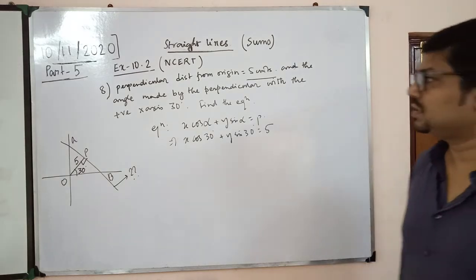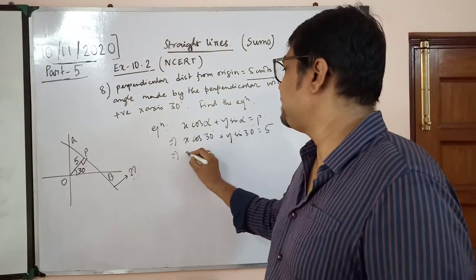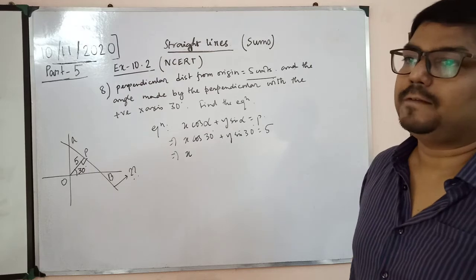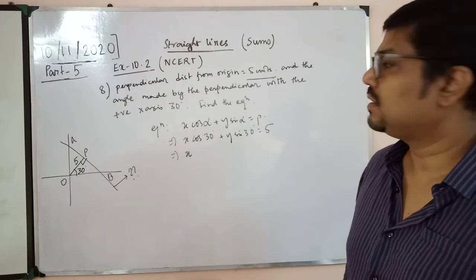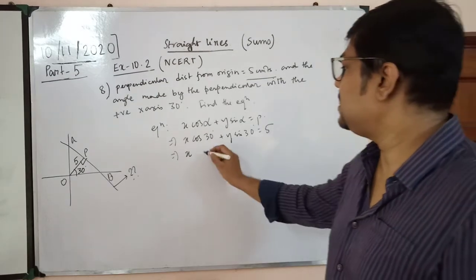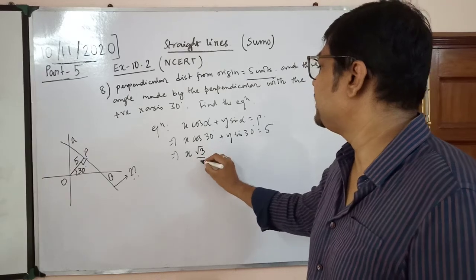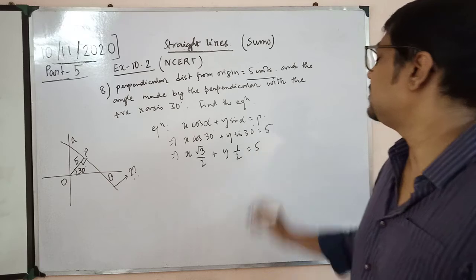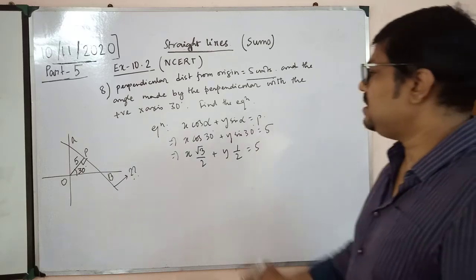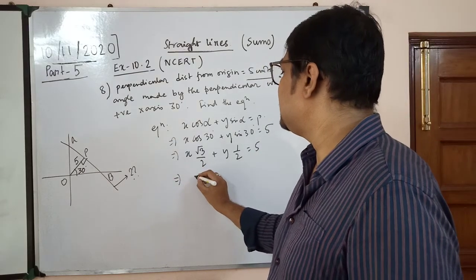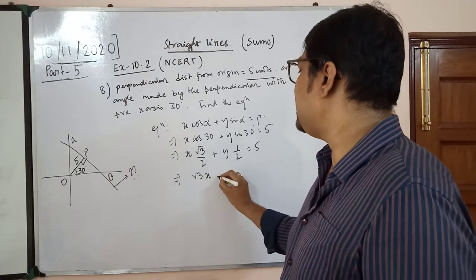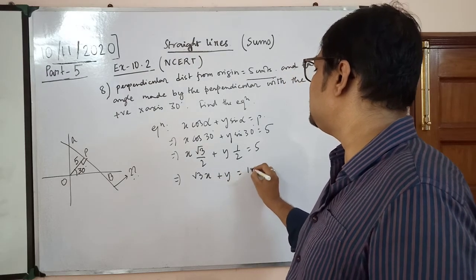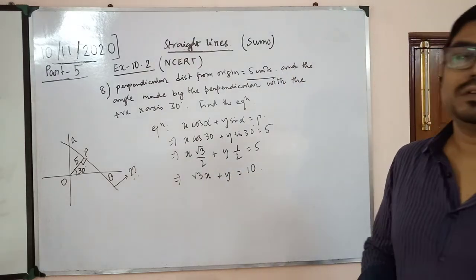So put the values. Cos 30 is root 3 by 2, and then sin 30. So the equation we get after simplification is root 3 x plus y equals 10.